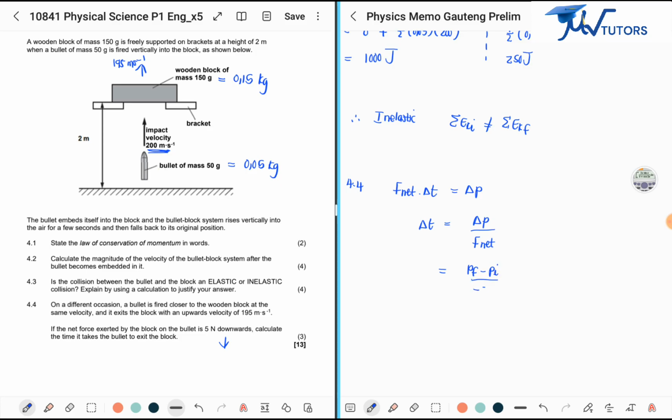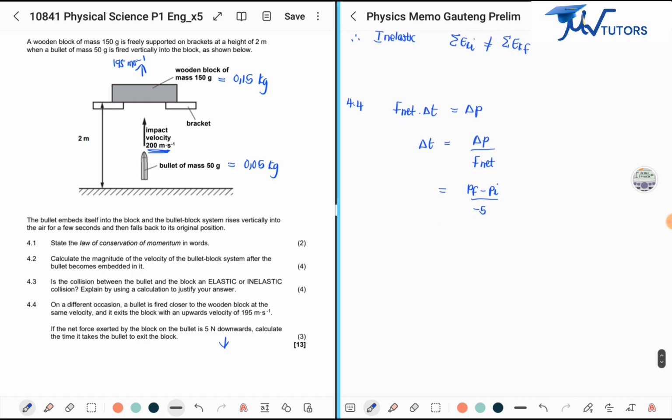And the net force, because it's downwards, is going to be -5, right? Our final momentum, so mass is still 0.05 multiplied by the final velocity, which is 195, minus the initial 0.05 times 200, divided by the -5.